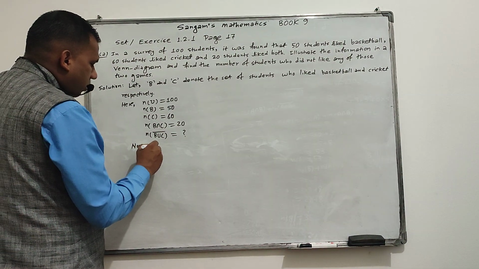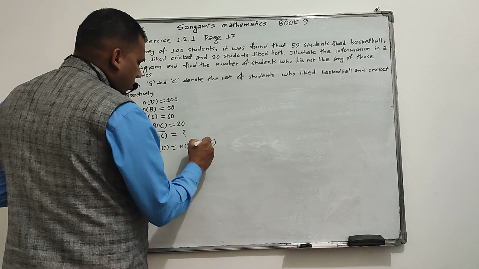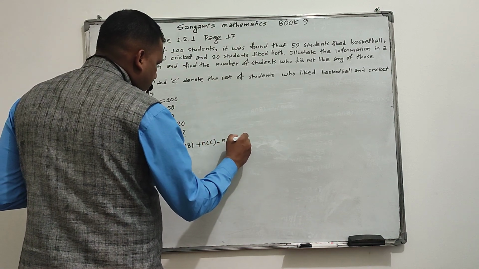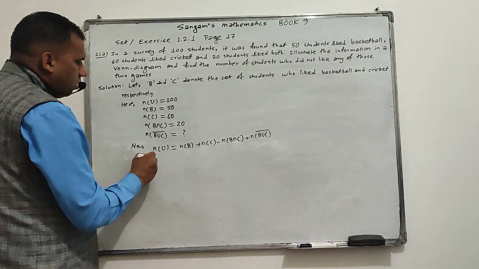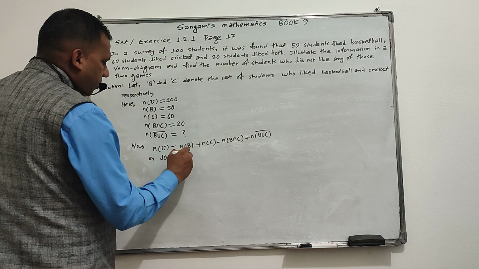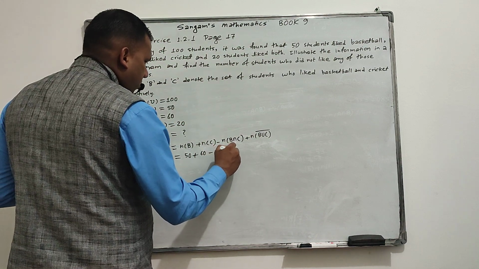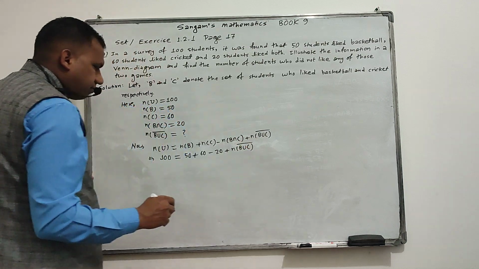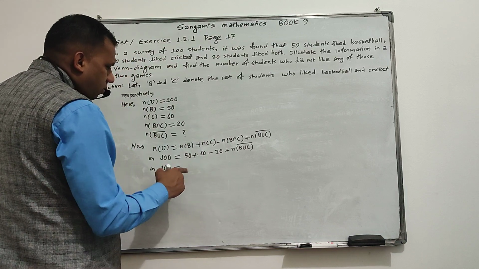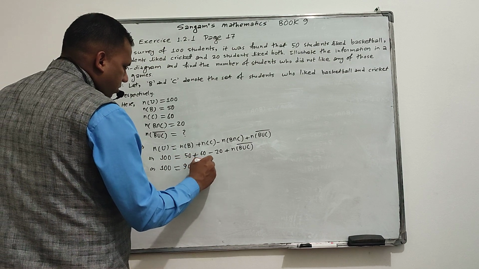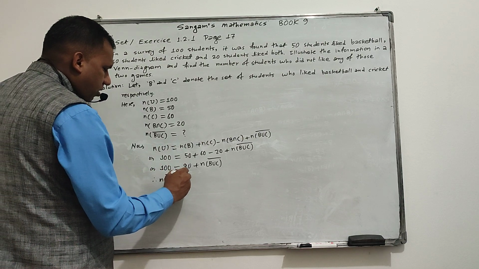Now, using the formula, n(U) = n(B) + n(C) - n(B ∩ C) + n((B ∪ C)'), or 100 = 50 + 60 - 20 + n((B ∪ C)'), or 100 = 110 - 20, that is 90, plus n((B ∪ C)'). Therefore, n((B ∪ C)') = 10.